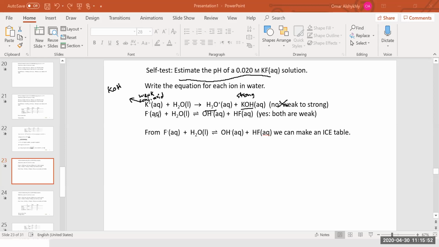Now another possibility, the F minus. F minus, it is kind of strong. Why? Because it's coming from a weak acid, which is the HF. So here, a strong conjugate base with the H2O gives you OH negative and HF, which is weak.